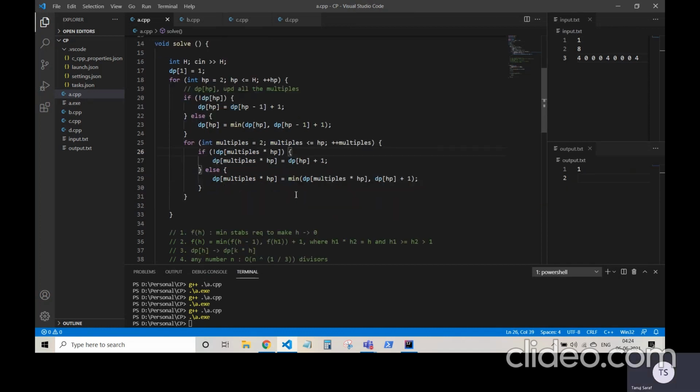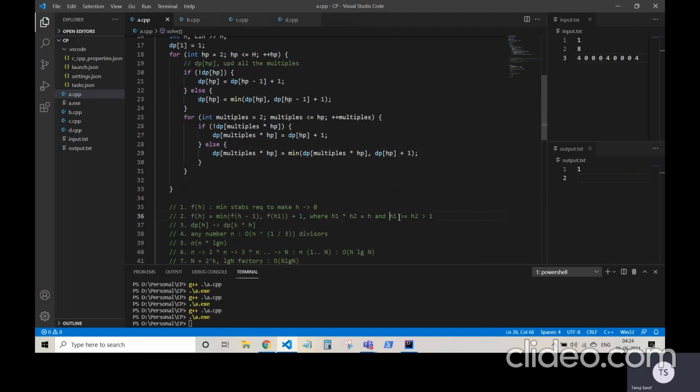Yes. So now, can this dp of HP ever affect any multiple which is greater than that? If you remember this particular condition, h1 greater than or equal to h2, right? In this, we were going from f of h to f of h1. We were not going to f of h2.